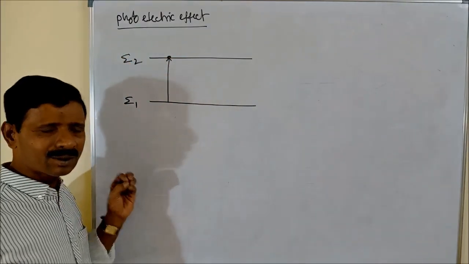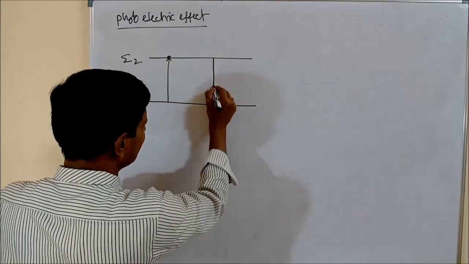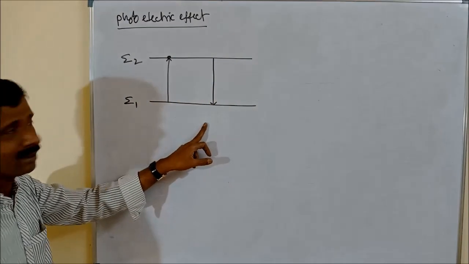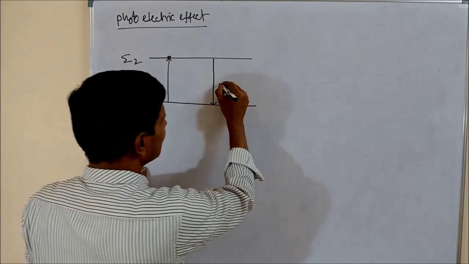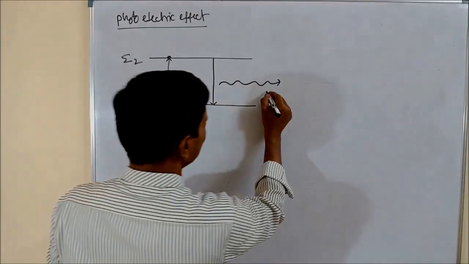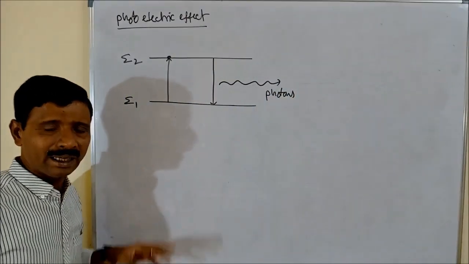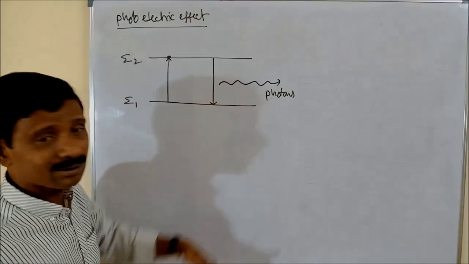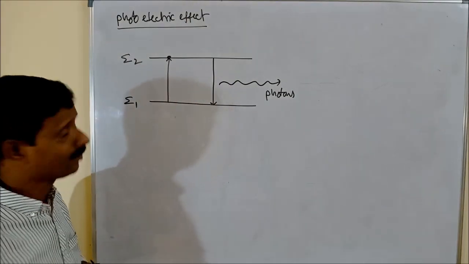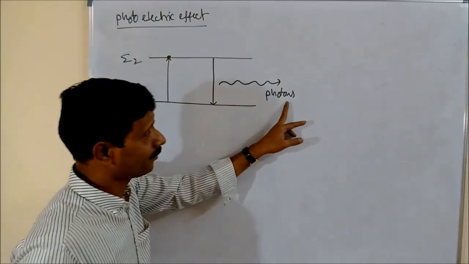But in a short span, it is again going to de-excite from the higher level to the lower level. During this de-excitation, whatever energy was absorbed is released and propagates in the form of photons. So in real bodies, the emission of radiation is due to de-excitation of the electron from a higher level to a lower level, in the form of photons.